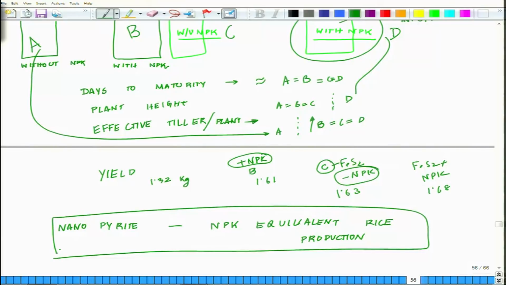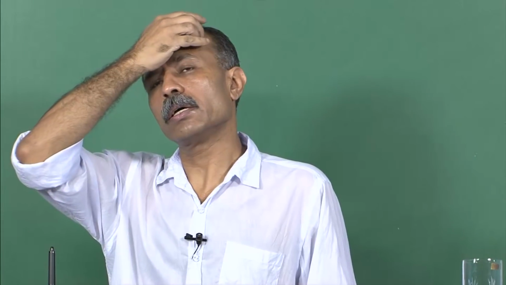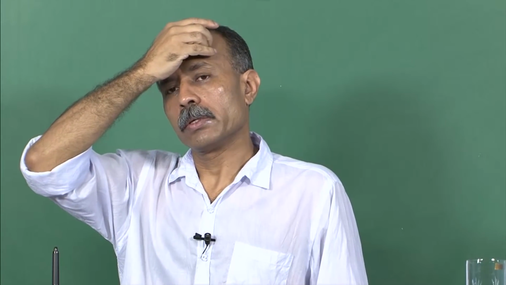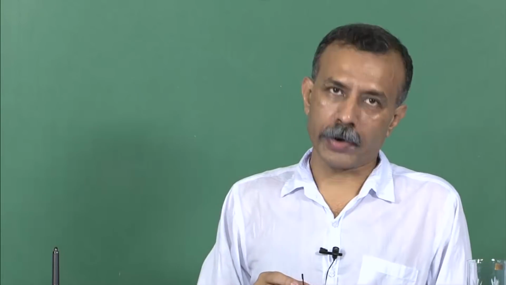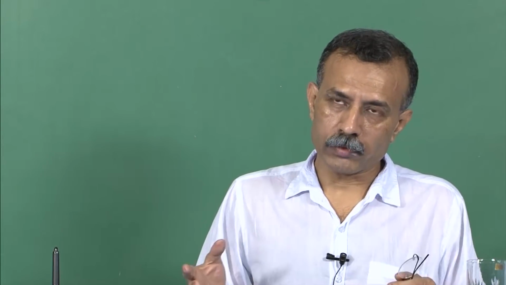So, this is what emerged out from much of these field trials, that FeS2 indeed brings about some very interesting change in the seed, which is manifested in the form of grain yield as well as vegetable production.